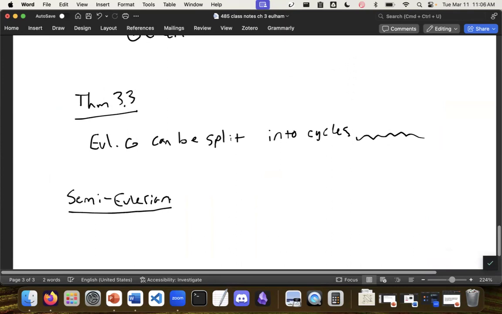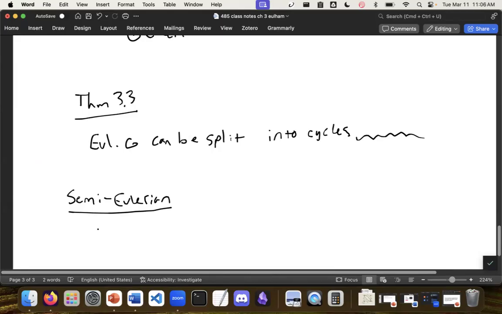Okay, so the next packet problem asks about semi-Eulerian, which is just where we start and end at different places. So if all of the other properties are fulfilled, then we can just start and end somewhere else.